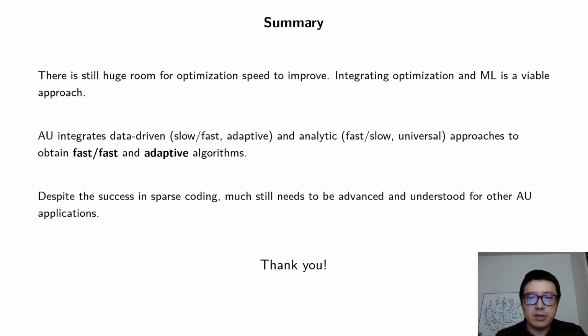This integrates data-driven methods, which tend to be slow at training, fast at inference, and adaptive to the data at hand, with analytic methods, which need no training, but may take many iterations when you solve a problem, and work quite universally for at least the set of problems that the theory has indicated. Combine them, and you can get faster training, faster inference, and methods that have better performance for the data at your hand.